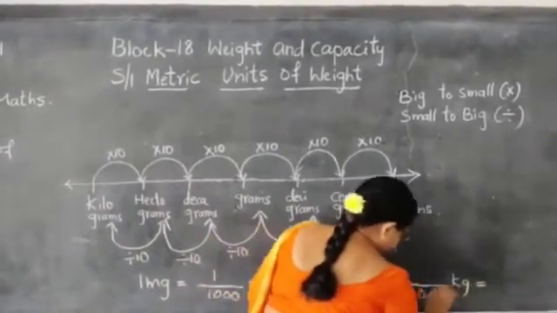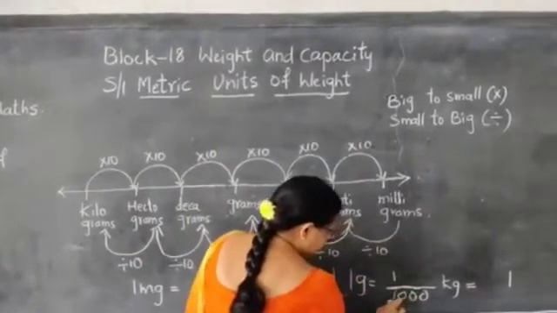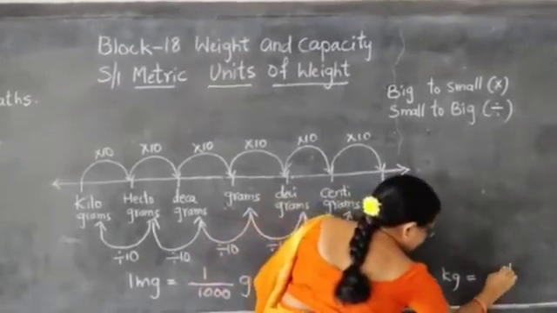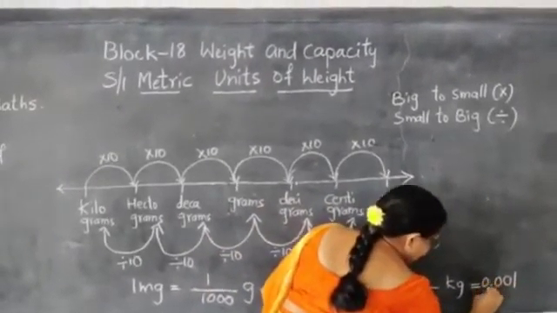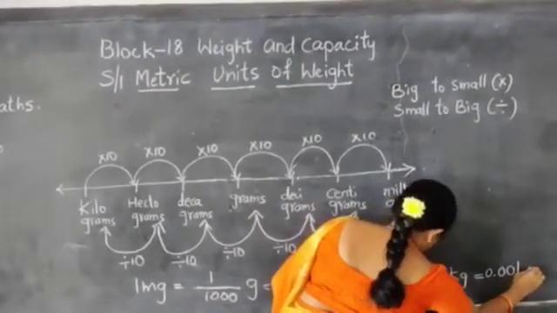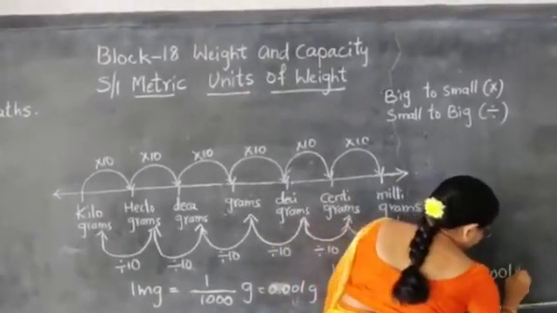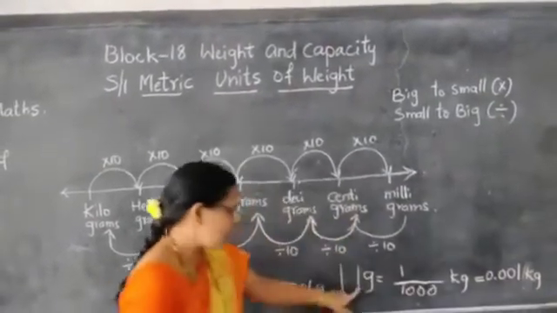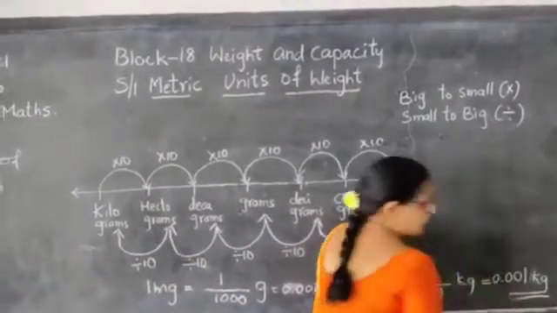Here also 3 zeros are there. 1, 2, 3. So after 3 digits you have to write the point. 1 gram is equal to 0.001 kgs.